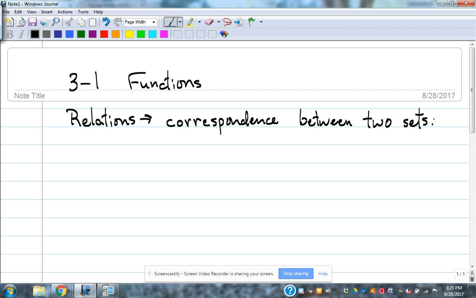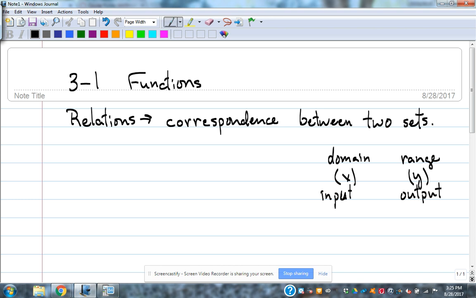And the two sets that we are going to hang on to in this class would be the domain and the range. Domain being the x values, range being the y values. Another way of putting that would be x is the input and y is the output. Input and output on those things.